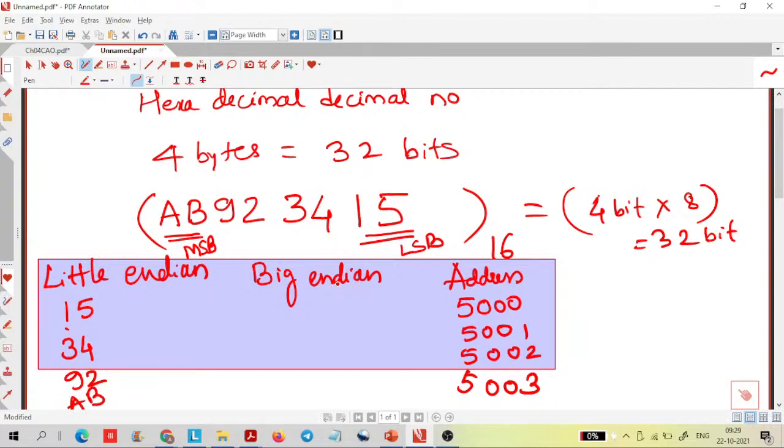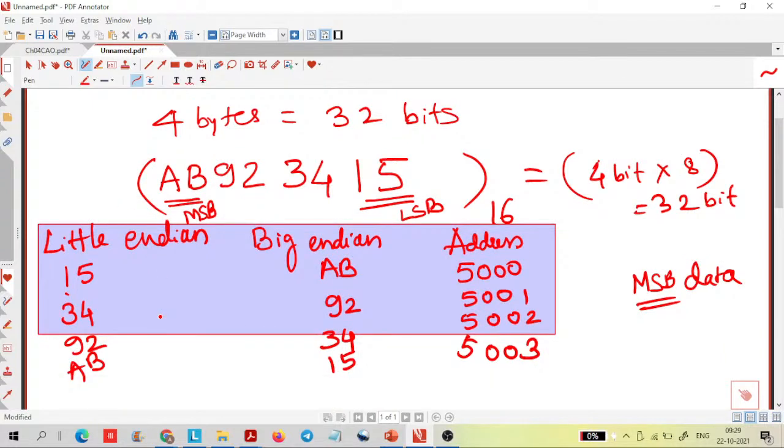And the big endian format, what is big endian? The most significant byte is stored in the lowest address. So that is AB, 92, 34, and 15. Okay. So in this way, it stores the data.